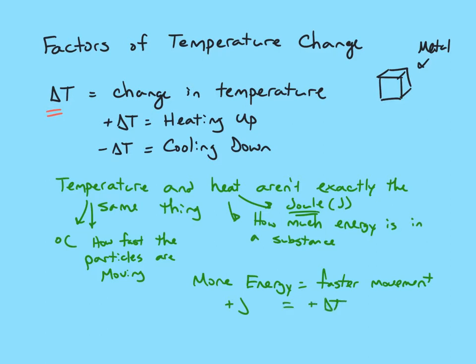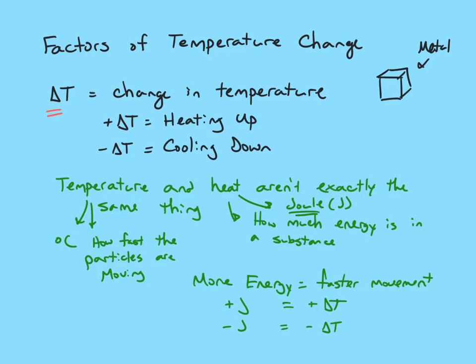And so to summarize, heat and temperature are not the same thing because they're measured in different ways. Temperature is a measure of how fast the particles are moving. Heat is a measure of how much energy a substance has. But if there is more heat, there's more temperature. Add more joules, increase the degrees Celsius. And if you remove the heat, then you lower the degrees Celsius.